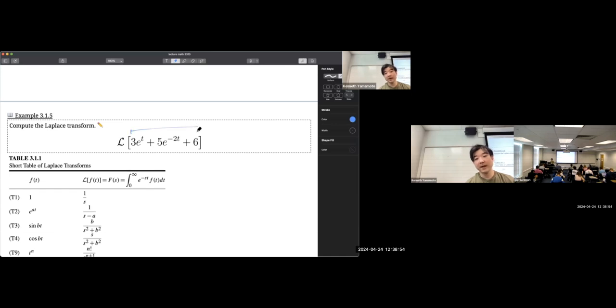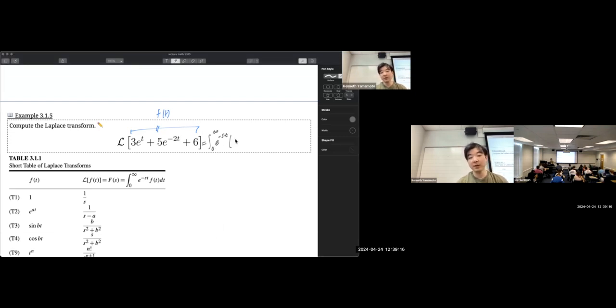So this is like my f of t. So when I take the Laplace transform of this, it's going to be the integral from 0 to infinity of e to the negative st. That's what multiplies with the entire function.